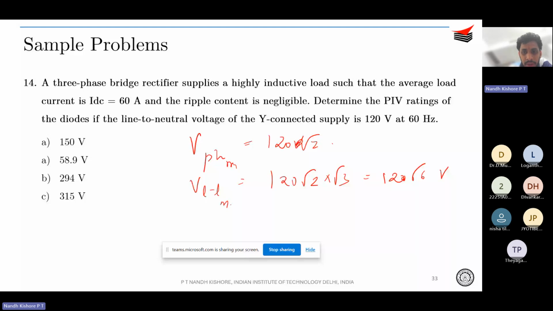So now you can tell what is the peak inverse voltage. Peak inverse voltage in such a connection is basically line to line maximum, correct? So 120 root 6. So what is 120 root 6?